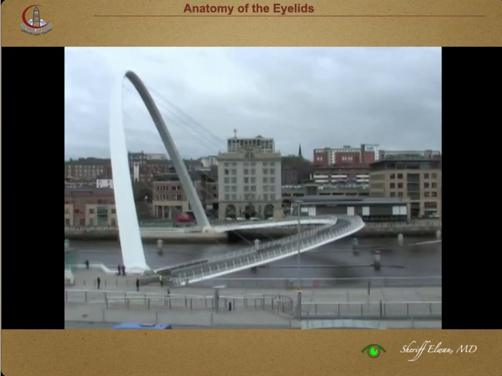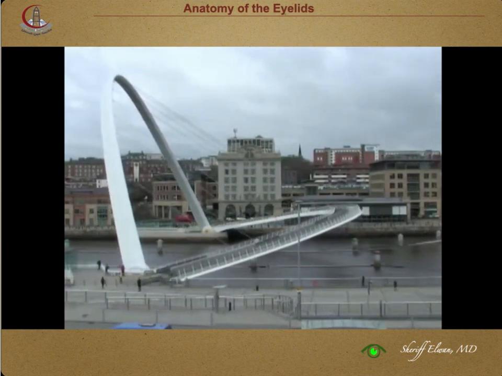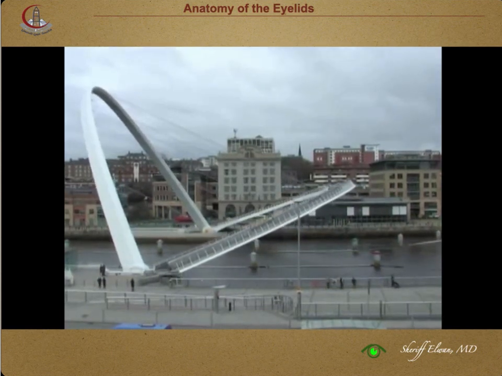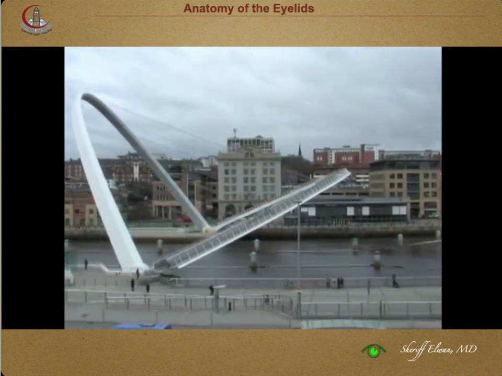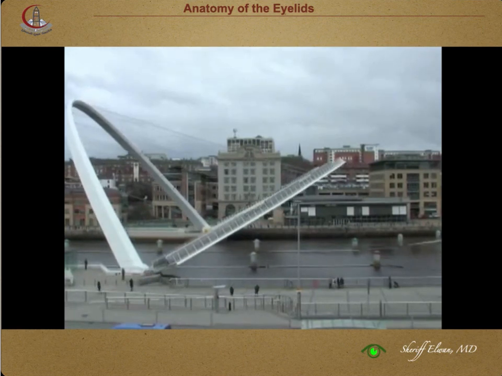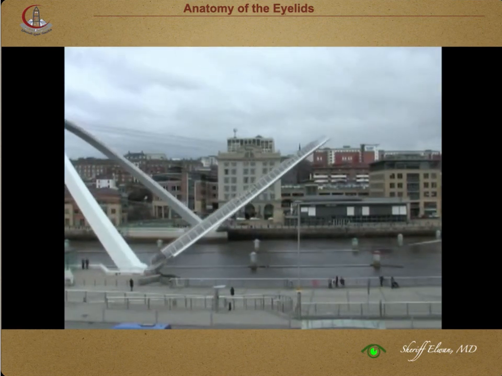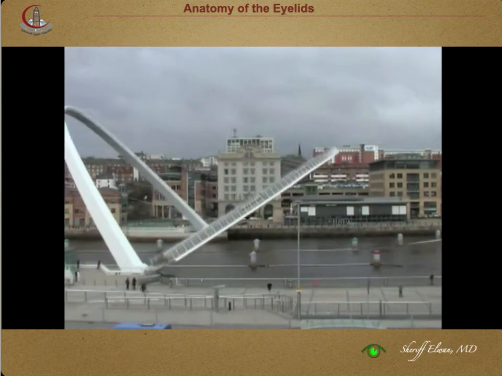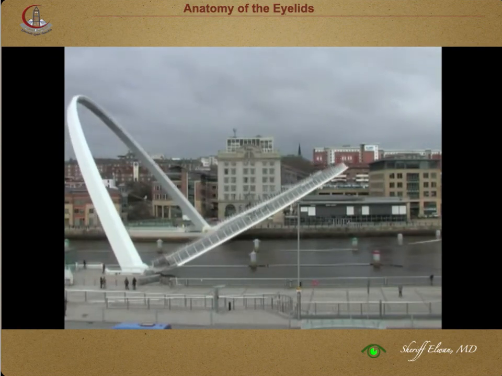Once again, from the lateral side, how it moves to give way for ships to pass through. Interesting how those engineers and architects are inspired by the glorious mighty ability of fashioning and engineering of the human body.